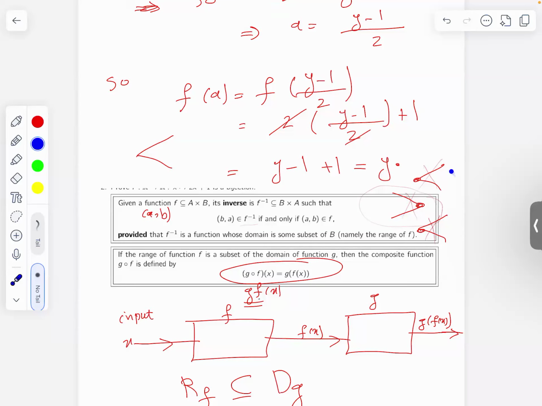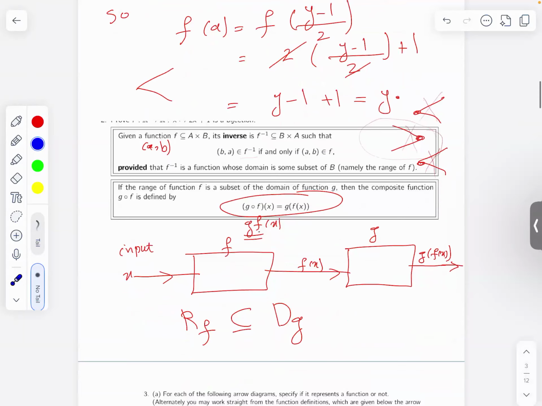Therefore, your function should be one-to-one to be able to define the inverse function itself. You can also look up applications of inverse functions in computer science.